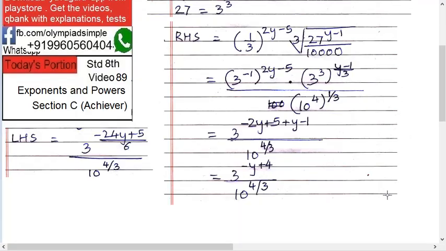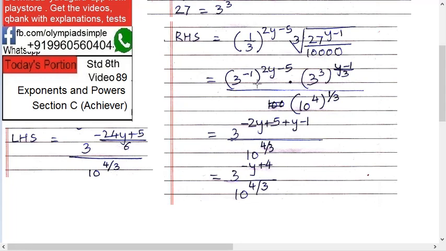Okay. Next, 3 raised to, what does this become? Minus 1 times (2y minus 1) into 3 raised to 3 times (y minus 1) upon 3. This 3 and 3 get cancelled. So what remains? 3 raised to, this minus 1 will be multiplied with 2y and minus 1. So it becomes 3 raised to minus 2y plus 1, right?